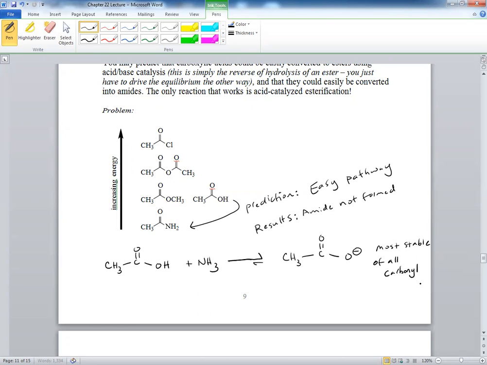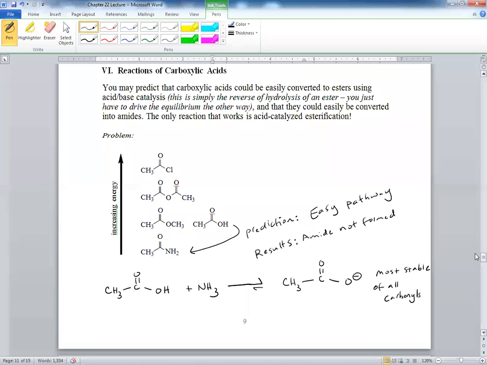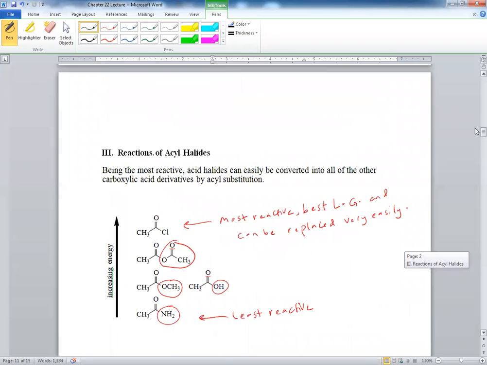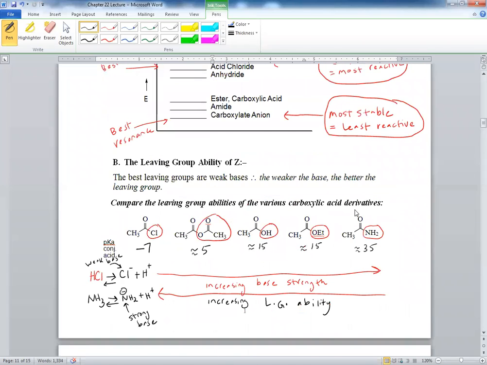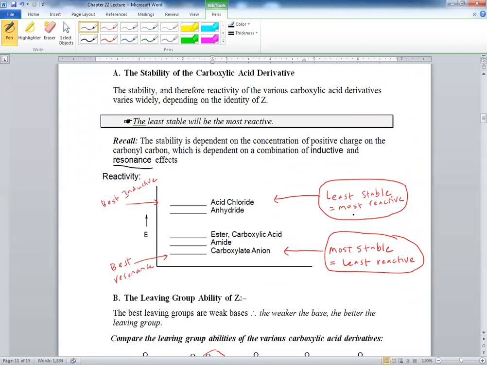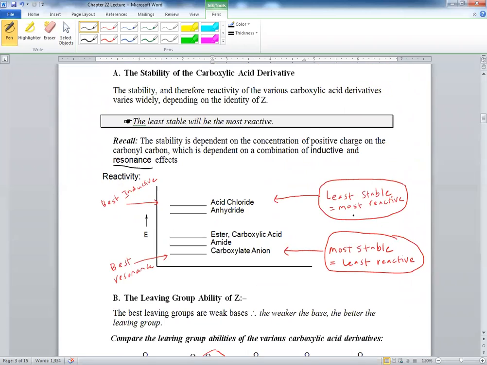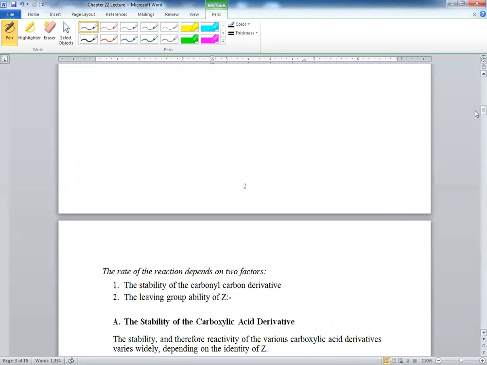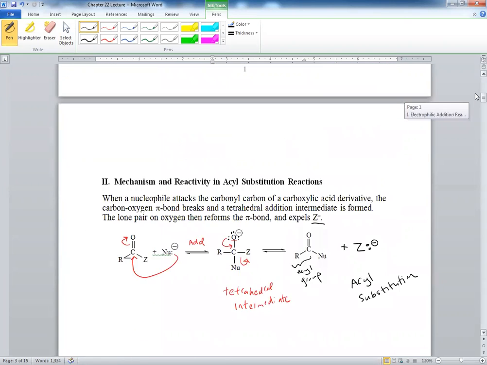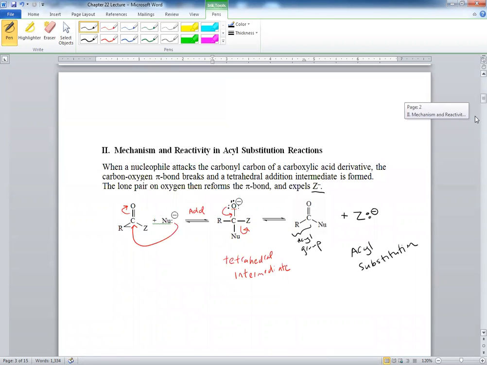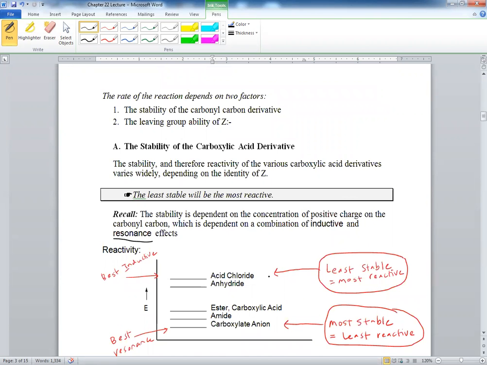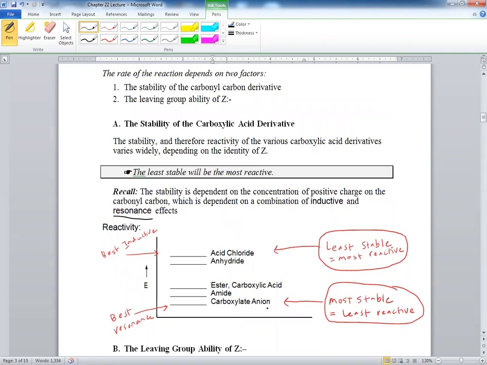If you recall the stability of the carbonyls in that graph, let's go back up right here on the third page, the carboxylate anion is the most stable.